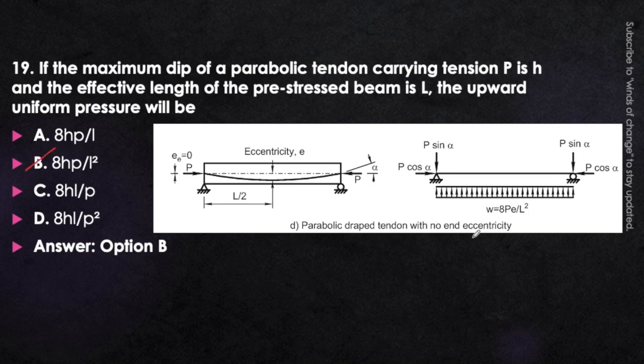It can be determined from here because W equals 8P upon L square, where P is the tension and the eccentricity is written here as H. So we can write it down like this: 8HP upon L square. This is the condition in which parabolic tendons have been applied in a beam.